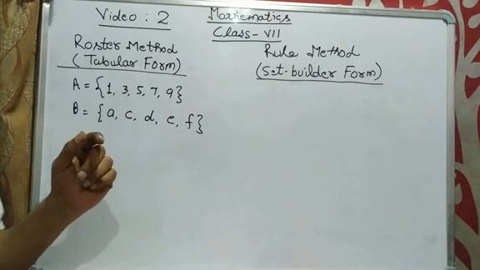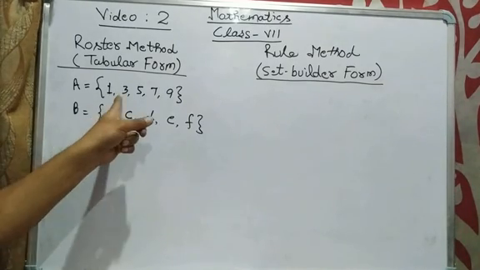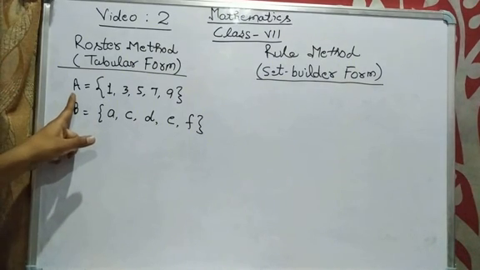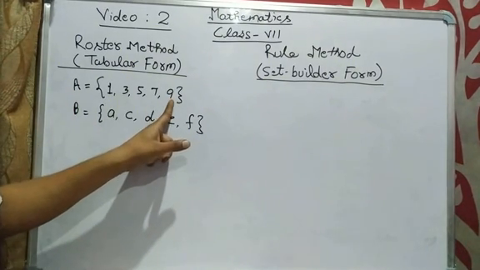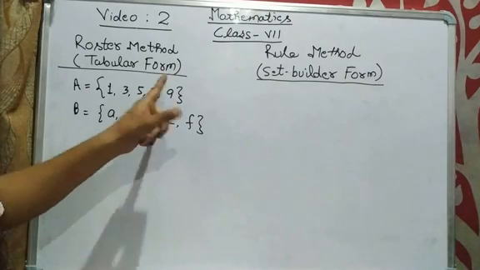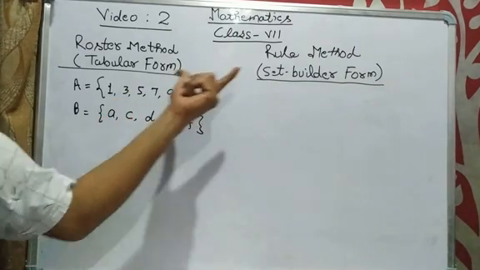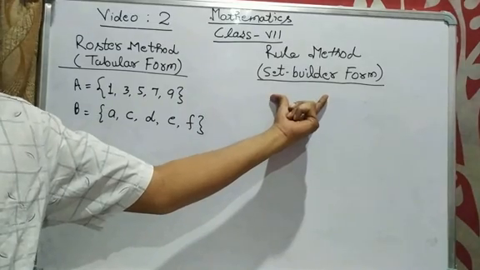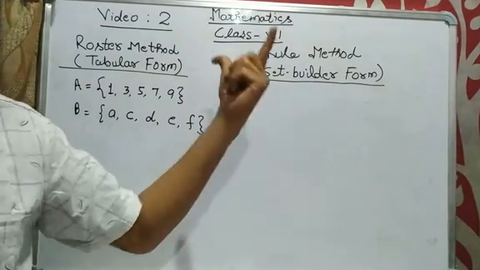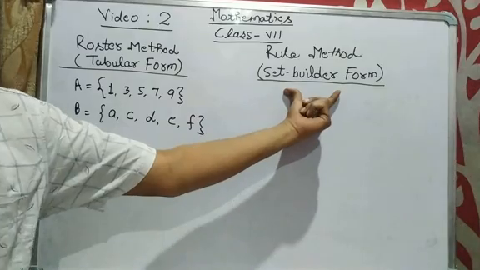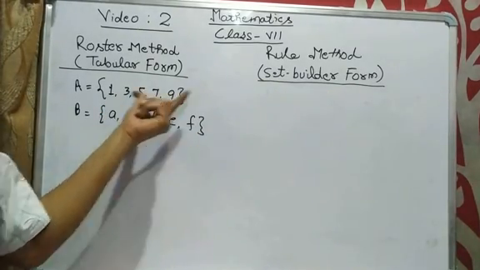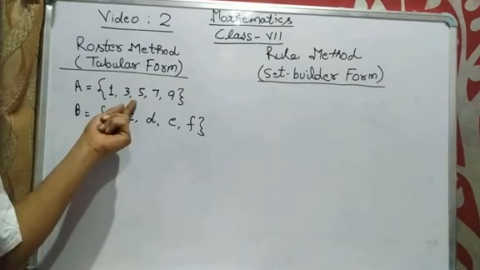All the members of the set A are odd numbers less than 10, up to 9. This property we have to define, and that definition in mathematical notation is called the set builder form. In the set builder form, there is no need to write all the individual elements separated by commas.